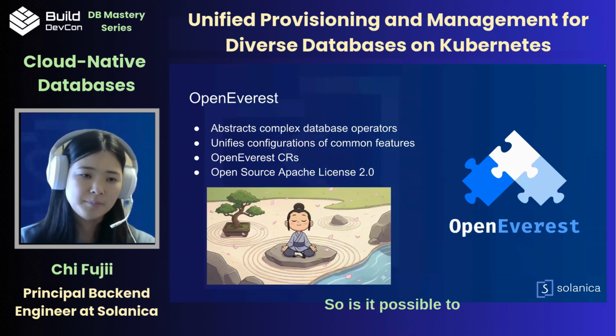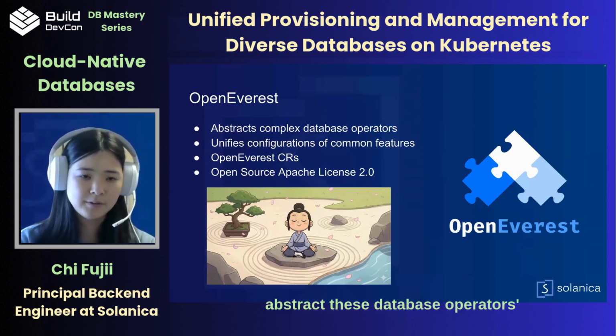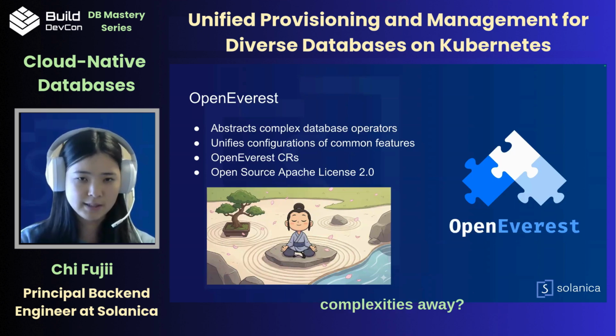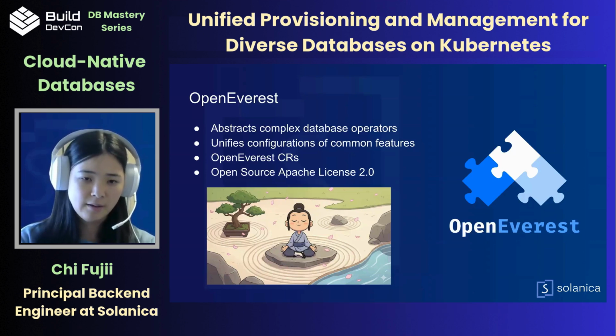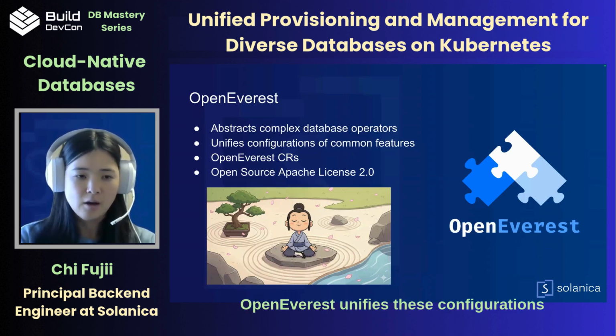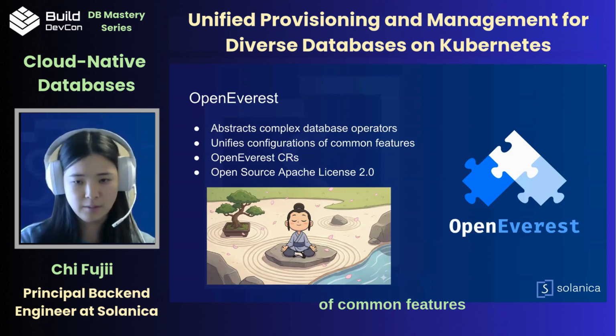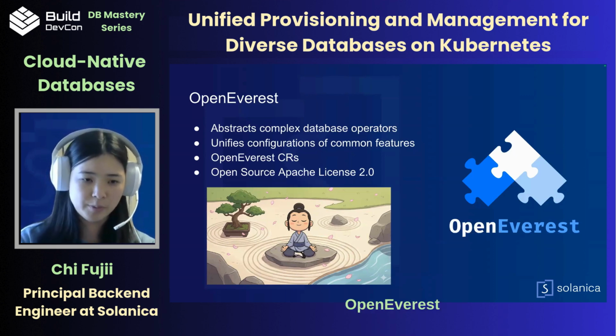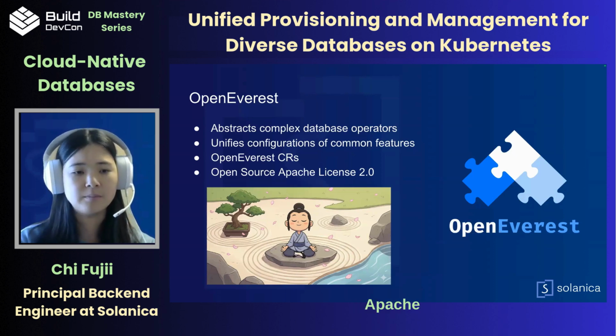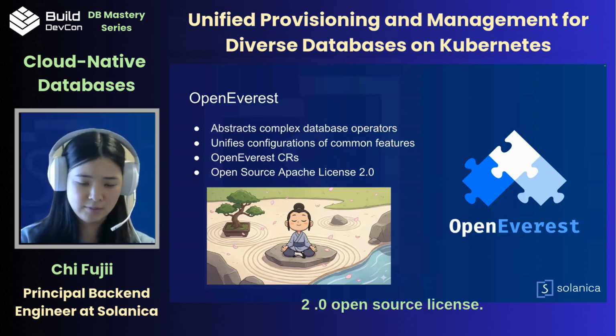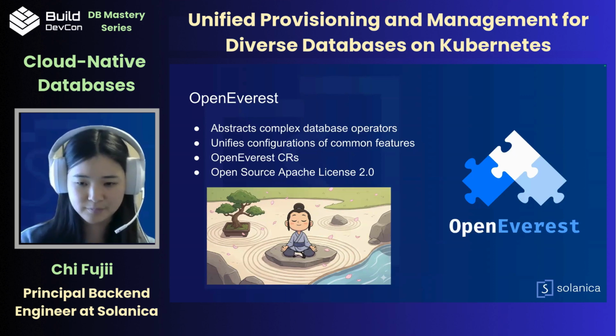So is it possible to abstract these database operators' complexities away? OpenEverest unifies these configurations of common features using OpenEverest custom resources, and it uses the Apache 2.0 open source license.